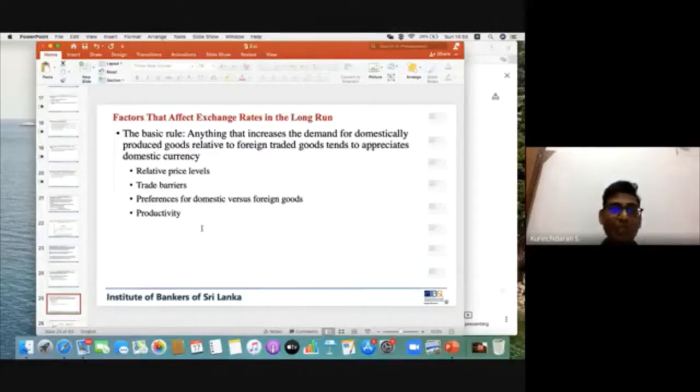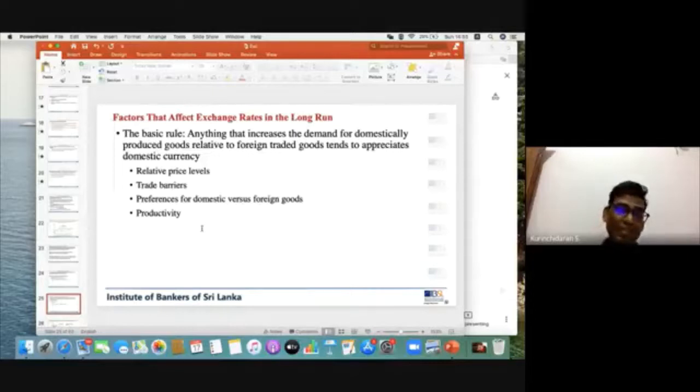But now the demand for domestic goods increases. What will happen? To buy domestic goods, people need to have domestic currency. Then there will be a high demand for domestic currency.